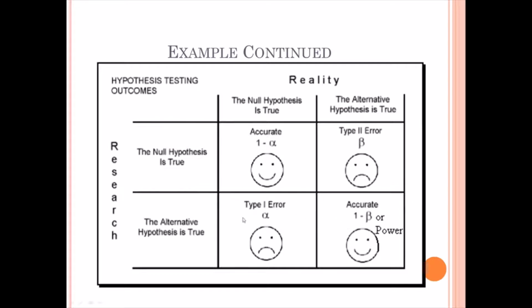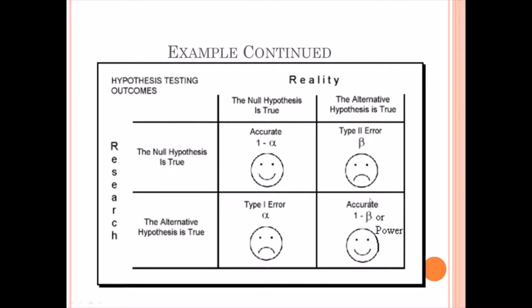Remember a type 1 error? That's where you reject H0 when it's true. That carries a probability of alpha, which you get to pick: 0.05, 0.01, 0.1, whatever. If it's true and we don't reject it, then that's accurate. If it's false and we accept it, that's a type 2 error, and that carries with it a probability of beta.